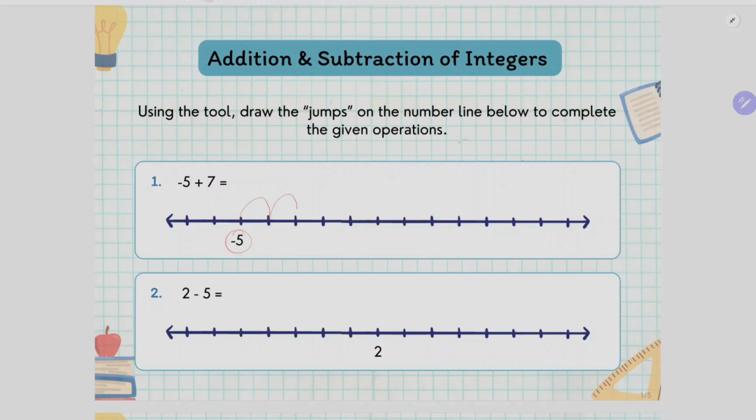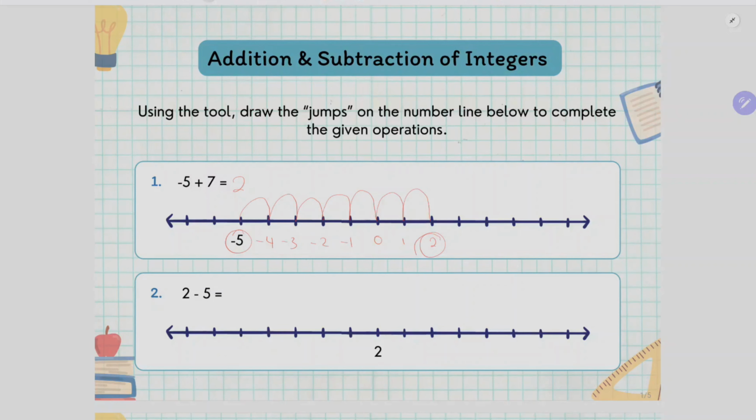That means 1, 2, 3, 4, 5, 6, 7. And remember to fill out the numbers, going towards the positive numbers. So -4, -3, -2, -1, positive 1, 2. So that means you have the answer of positive 2. 7 jumps to the right and we land on 2. So that means -5 plus 7 is 2.